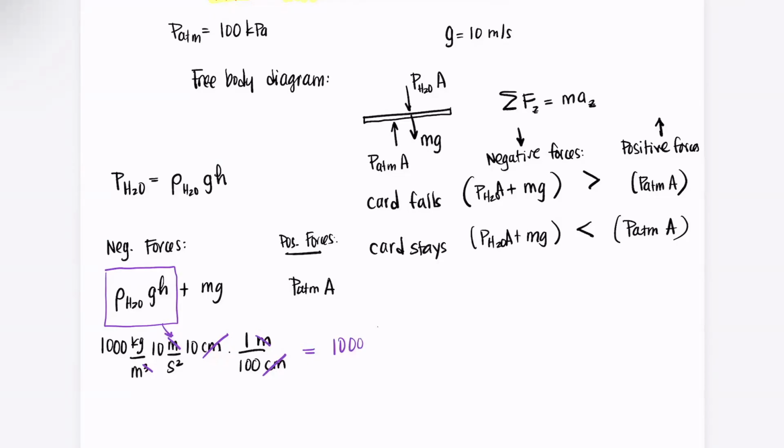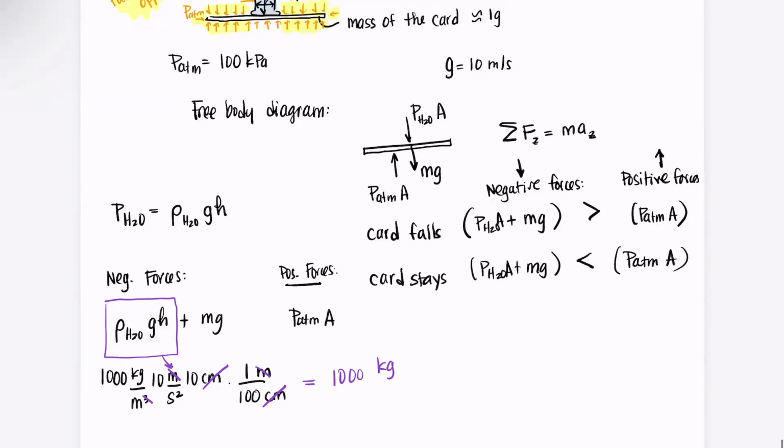And we get 1,000 kilograms meters per second squared, meters per meter second squared.